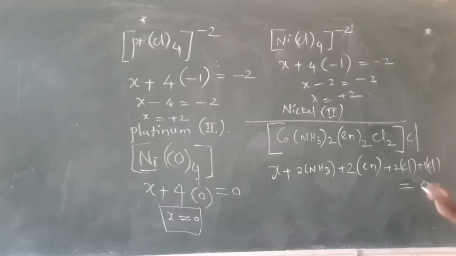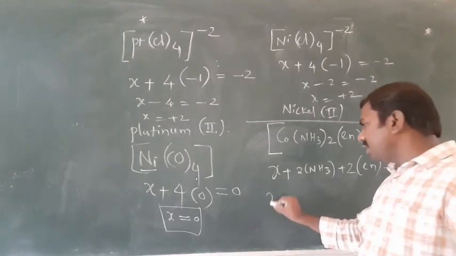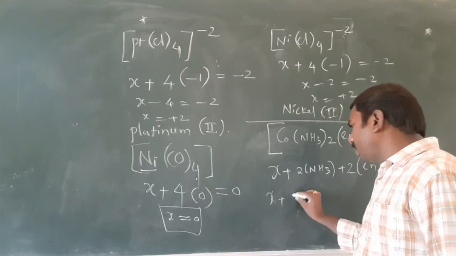This is equal to 0. Then NH3 is a neutral ligand, so X + 2 into 0.